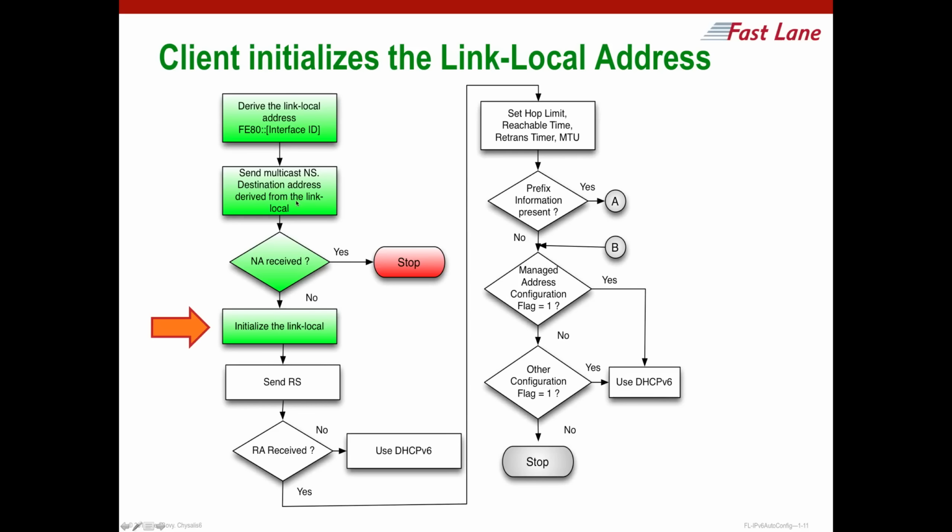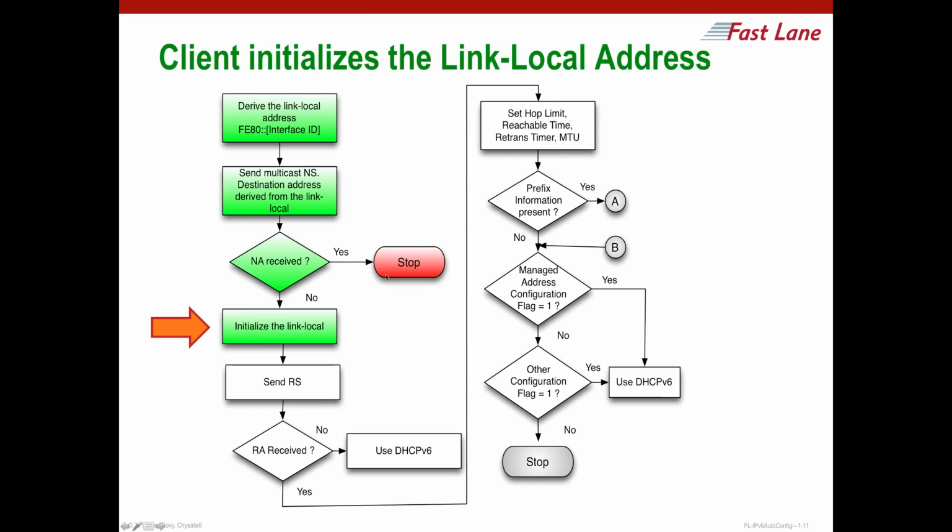Derive the link local address, and check if the address is unique by using the duplicate address detection process, which is sending a multicast neighbor solicitation message to yourself. You expect not to receive any neighbor advertisement, because if you do, it means that somebody else is using the same address as you, and then you stop and the address is not initialized.